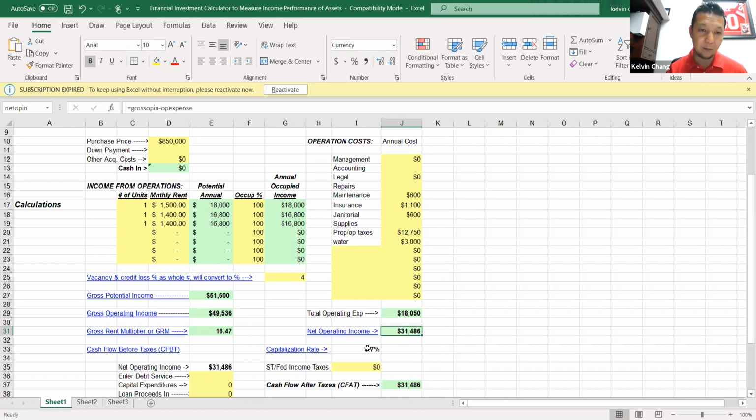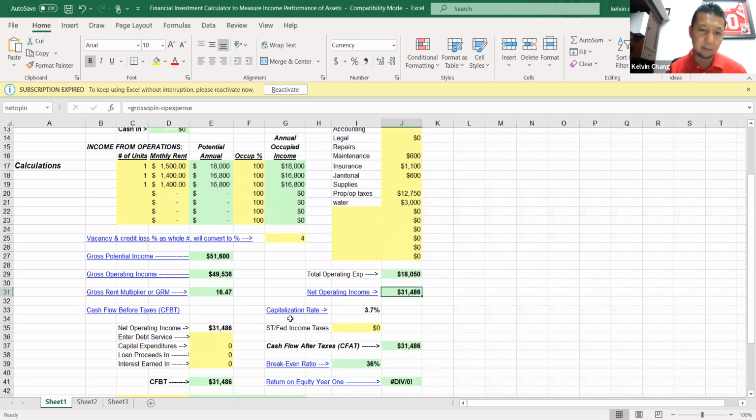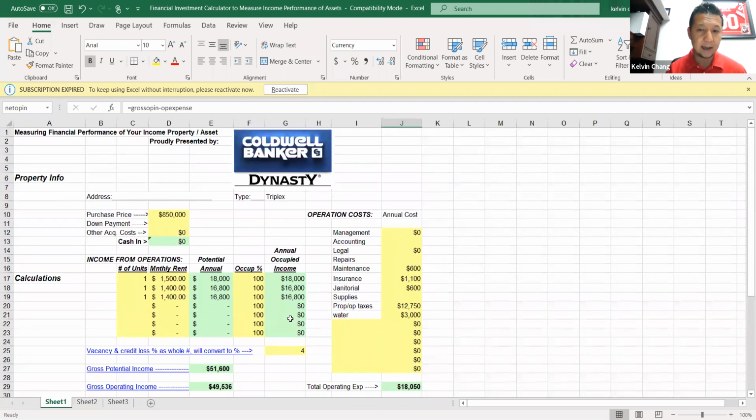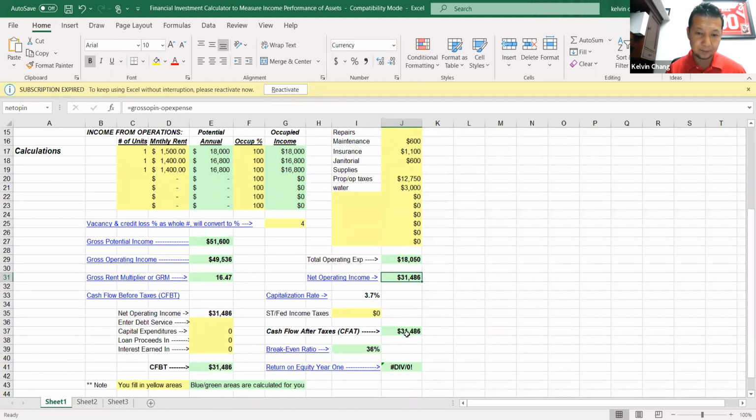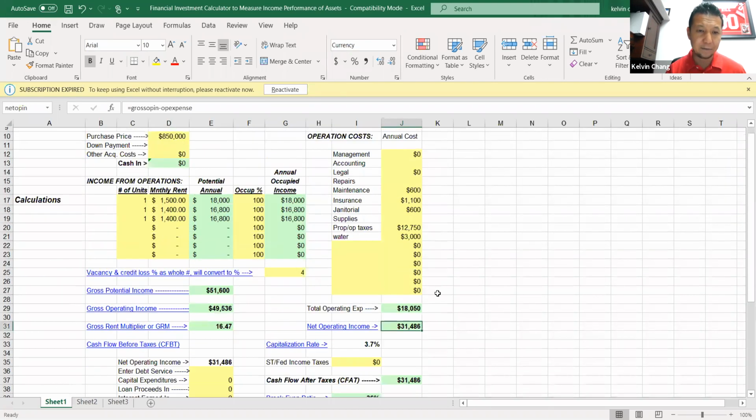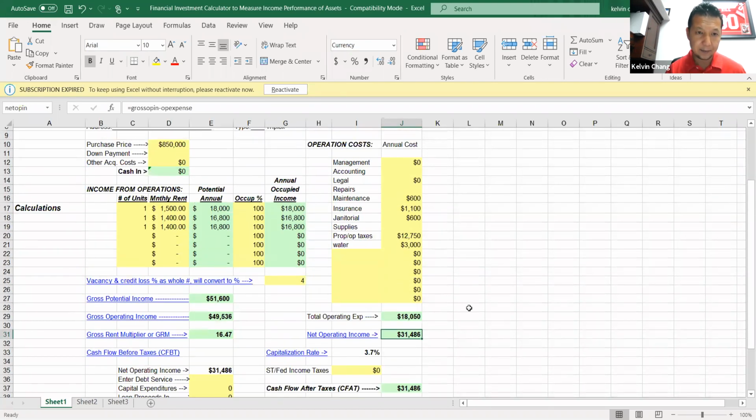Someone paid $850,000 when they're asking 900 and something. So they got it under value. It's a low cap rate. They don't know. They're going to have to plug in and find out their own rents. But for face value, this is showing only cash flow of $31,000 for an $850,000 investment.